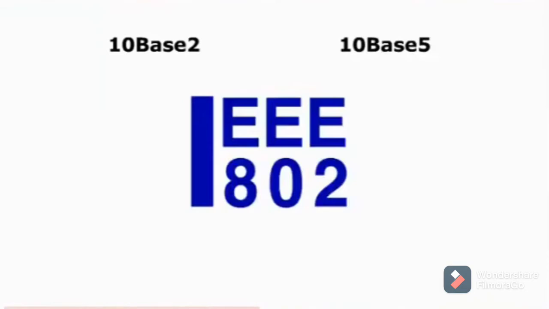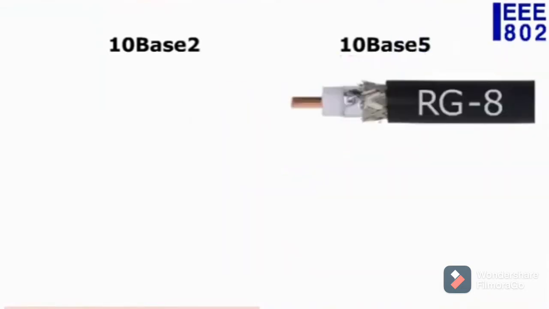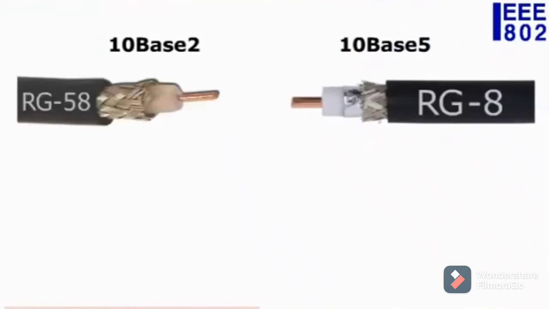Another way of identifying cables is to use a code such as 10Base2 or 10Base5, which is defined by an IEEE 802.3 code. For example, an RG8 could be used to support 10Base5, or an RG58 cable could be used to support 10Base2.